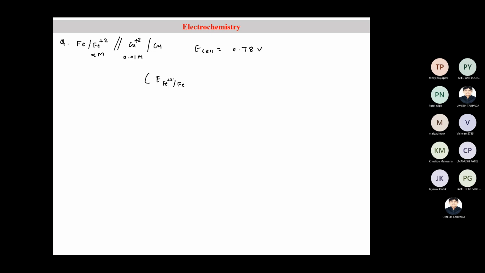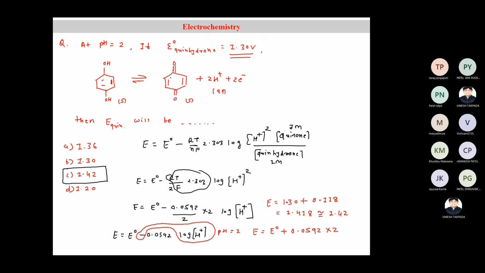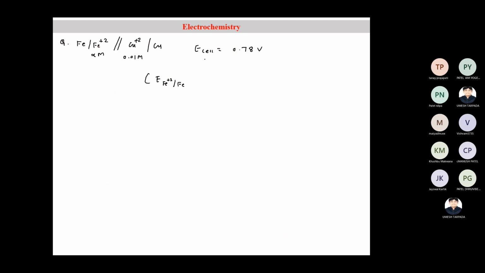What do we write on the left side? Fe goes to Fe plus 2, copper plus 2 goes to copper, this is how it is given. So at the anode Zn to Zn plus 2 and copper plus 2 to copper, as we used to write. In the same way. So Fe becomes anode and copper becomes cathode. Good. The right side is the cathode, the left side is the anode. So Fe plus 2 to Fe, standard reduction potential is given as minus 0.44 volt.